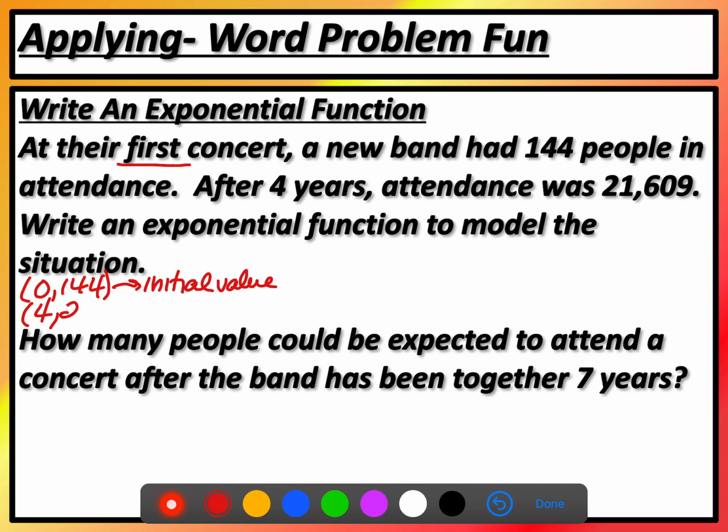And then we have after 4 years, there were 21,609 people in attendance. So we're going to use (4, 21,609) as our x, y in y equals a times b to the x.